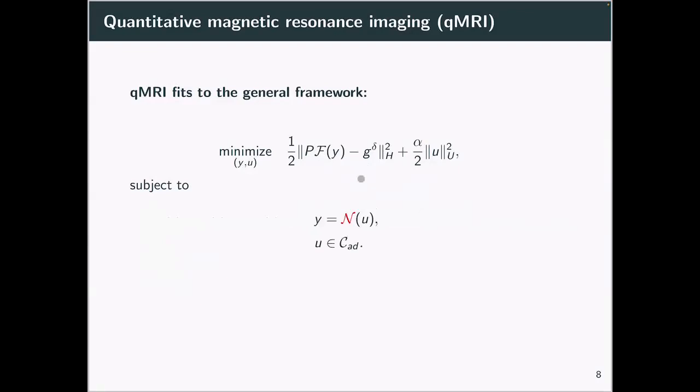You can say that this PDE, this ODE actually, because the Bloch equation has no spatial derivative involved, can be significantly simplified if you introduce this learning-informed operator. So you can directly learn this map from U to Y if you have some data pairs available.